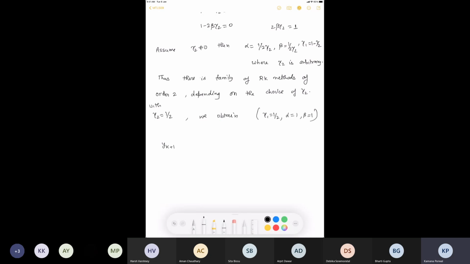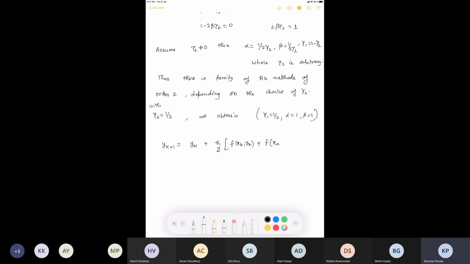So y_{k+1} is going to be y_k plus h times gamma 1 times f. Gamma 1 is 1 by 2, so let me keep the factor 1 by 2 outside: f at x_k, y_k, plus gamma 2, which is also 1 by 2, so the 1 by 2 factor is outside, and then f at x plus alpha h. Alpha is 1, beta is 1.